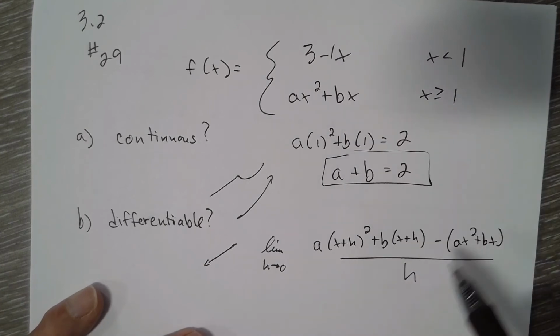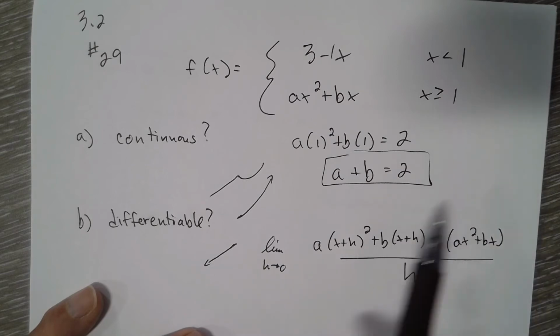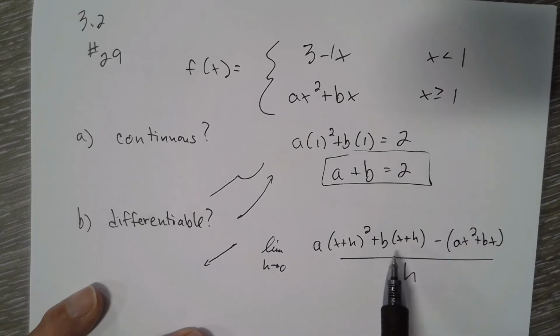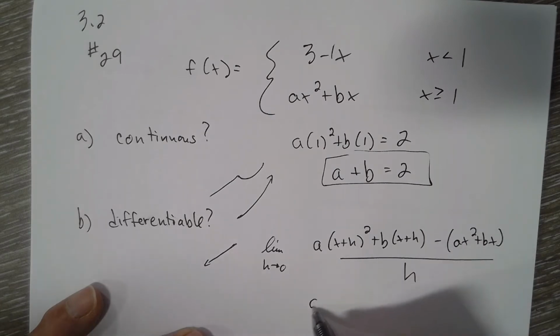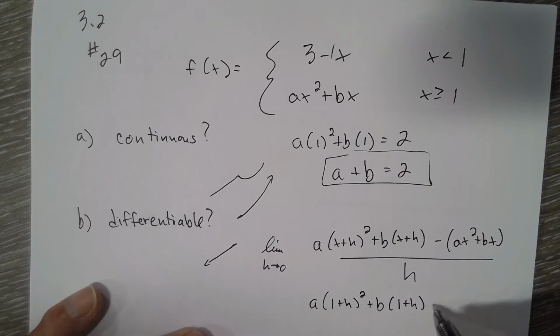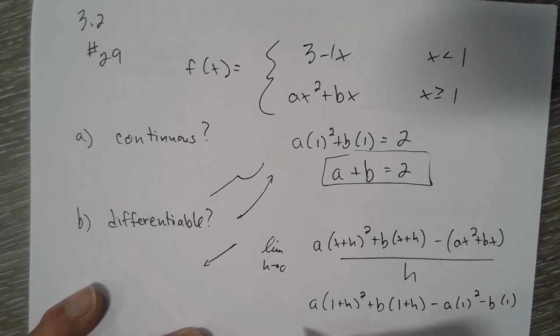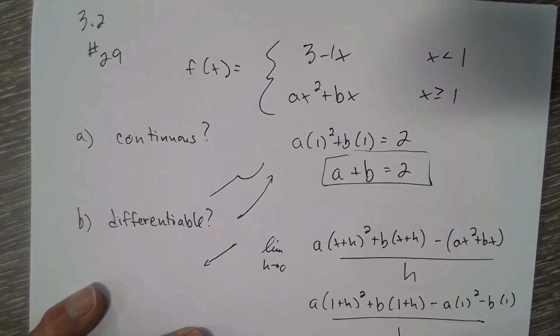I think it's going to be easier to go ahead and plug 1 in right now instead of after finding the derivative. So I'm going to do that. So it's a 1 plus h, so just doing some algebra here.